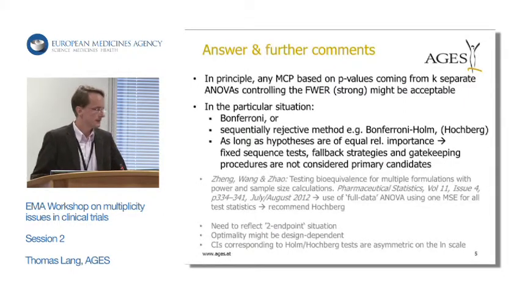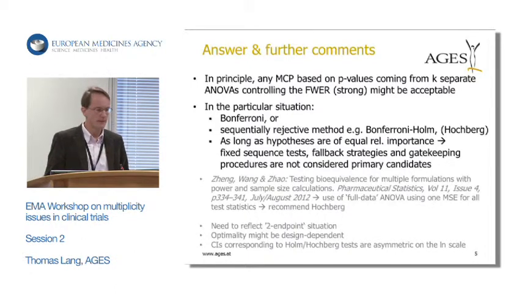So they just took the mean square error that resulted from the full data analysis, using all the data from all test treatment conditions at the same time in one analysis of variance. And they resulted in a recommendation that the Hochberg procedure might be preferred in this situation.